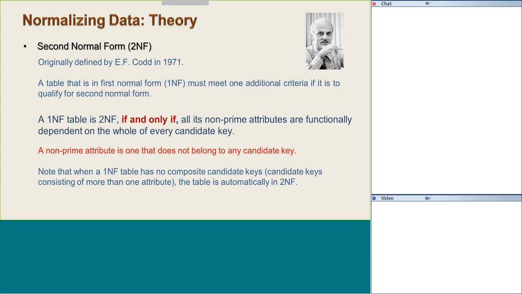If you have two fields in a key and your element is dependent on only one field in that key, that's not second normal form. It's got to be dependent on the whole candidate key, i.e. all parts of it, in order to be second normal form.